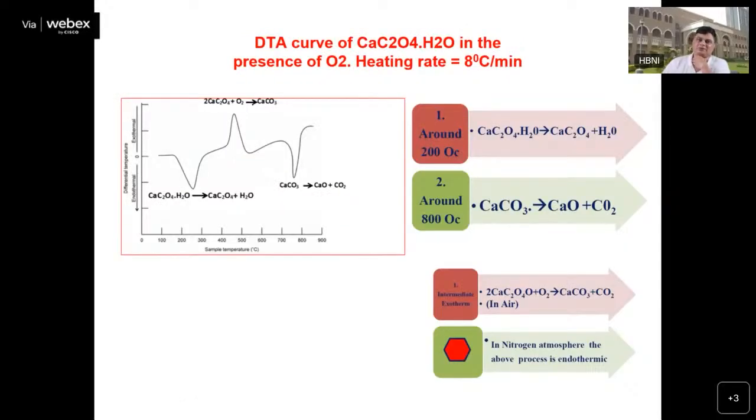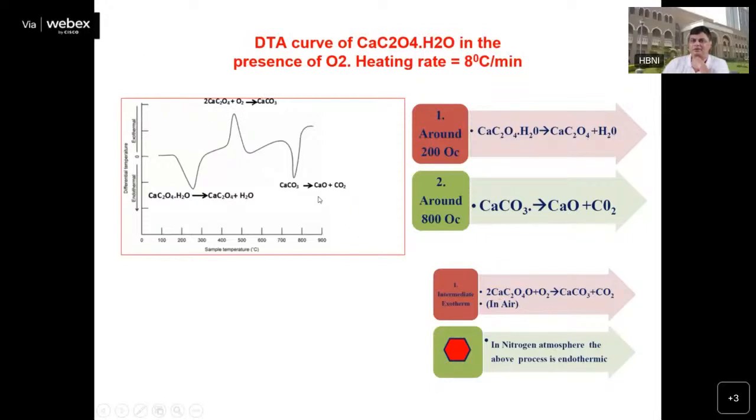And this is how the DTA curve looks, again for calcium oxalate monohydrate. First the water molecule is lost, then the liberation of carbon monoxide, and then the calcium carbonate decomposes into calcium oxide and carbon dioxide.